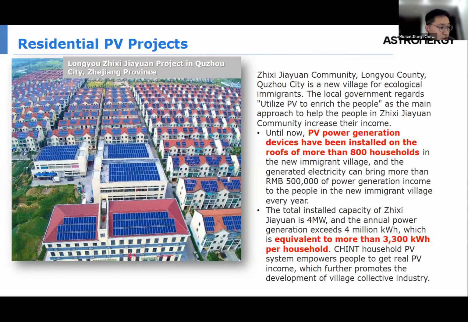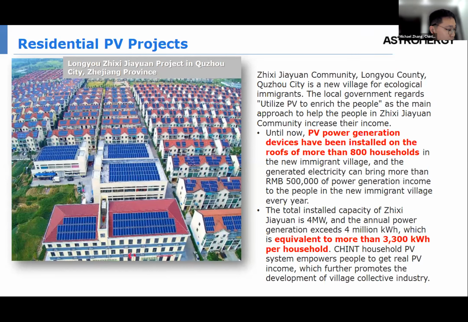Until now, the PV generation devices have been installed on the roofs of more than 800 households in the new immigrant village. And the generated electricity can bring more than 500,000 RMB of power generation income to the people in the new immigrant village every year.